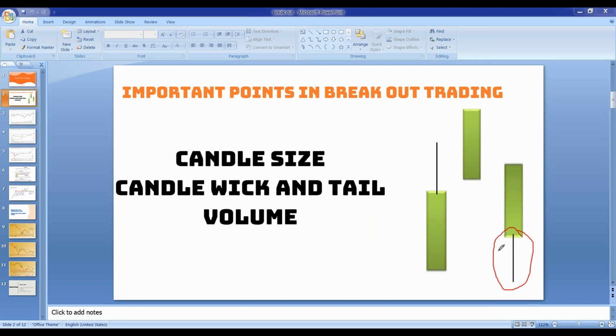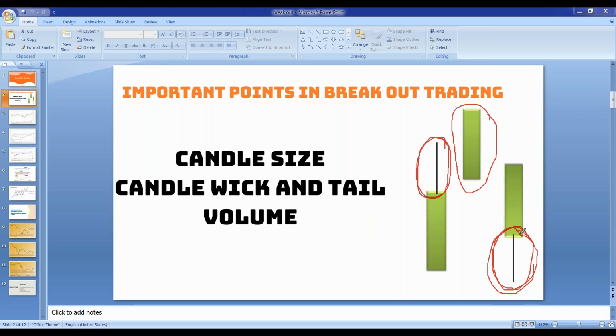Now wick is one of the most important things for price action trading. Without wick you will not be able to understand price action. In the case of this one, if you are seeing this candle, there is no wick on the upper side, there is no wick on the downside. So there is no wick and there is no tail. What we can understand is that this wick is happening because someone has sold from the upper area, and this tail is happening because someone has bought from the lower areas.